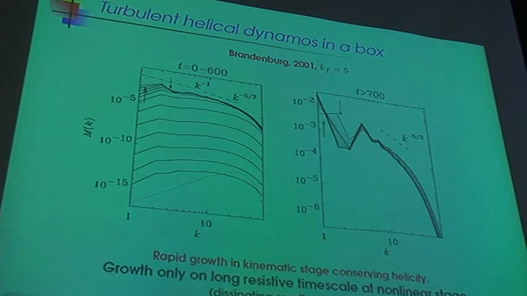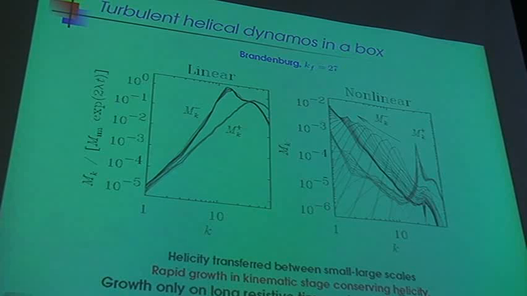Here it is not absolutely clear whether there is a small and a large scale helicity. So I want to show you another simulation by Axel, where the forcing is at a much larger wave number, so that you can clearly see the separation between scales that are being produced in the fields here.